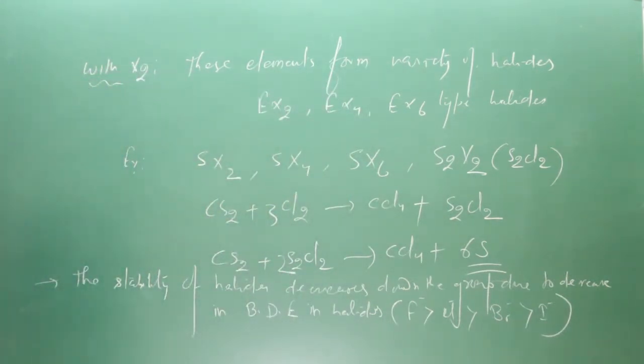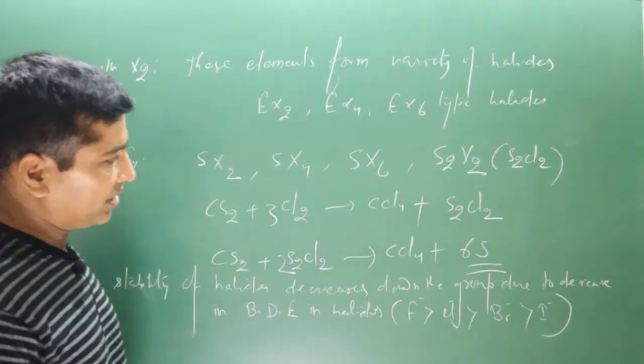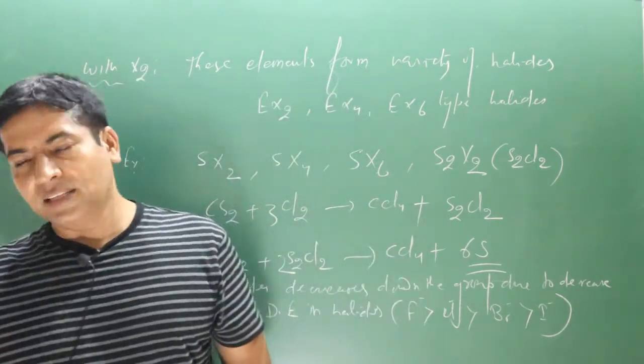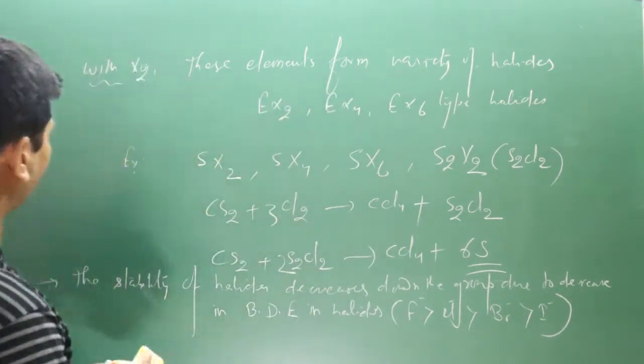As the bond length increases, bond dissociation enthalpy decreases, and stability also decreases.